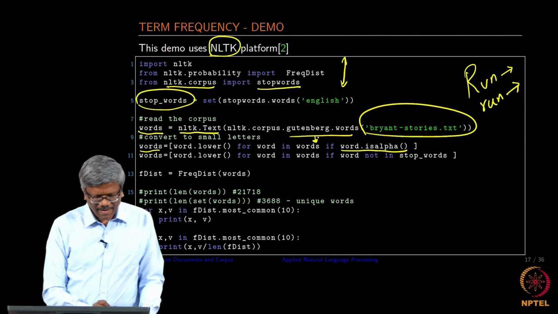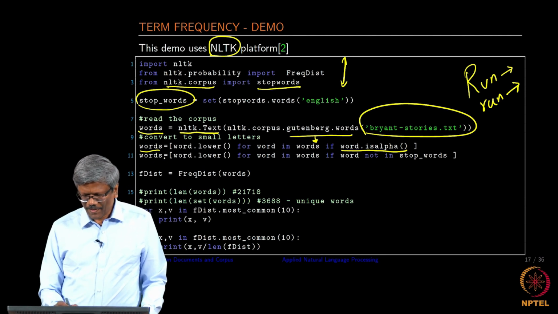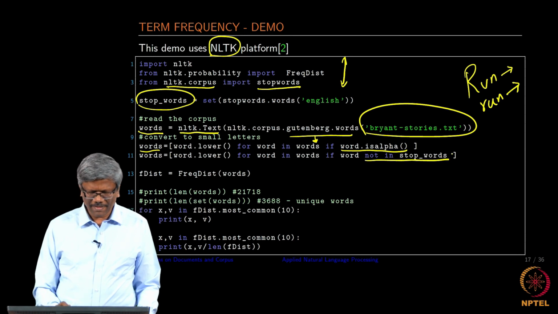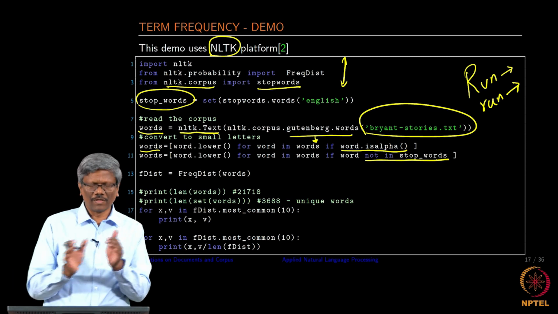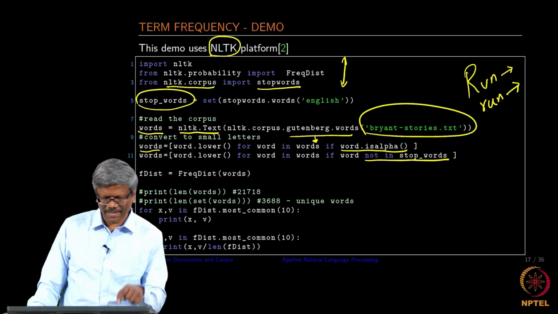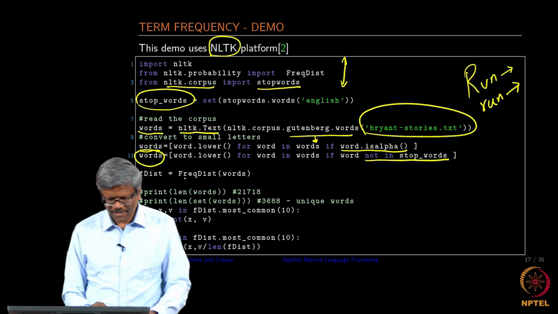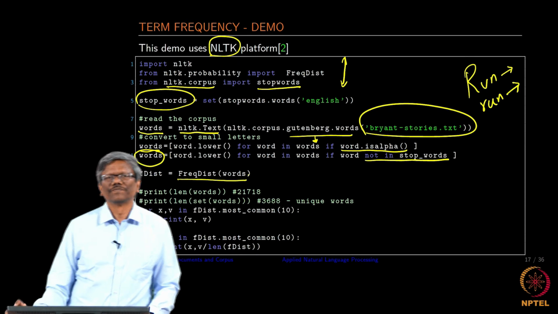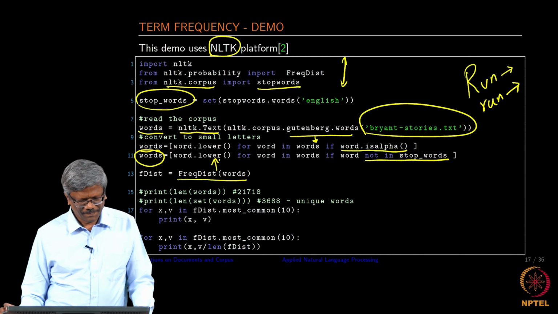After capturing only the alpha words, I am going to remove all the stop words. So, not in stop words means every word which is in the stop word collection will be removed, and only those which are not in it will be added to the word count here. Then I perform a frequency distribution of all the words that I have captured in the previous instruction.